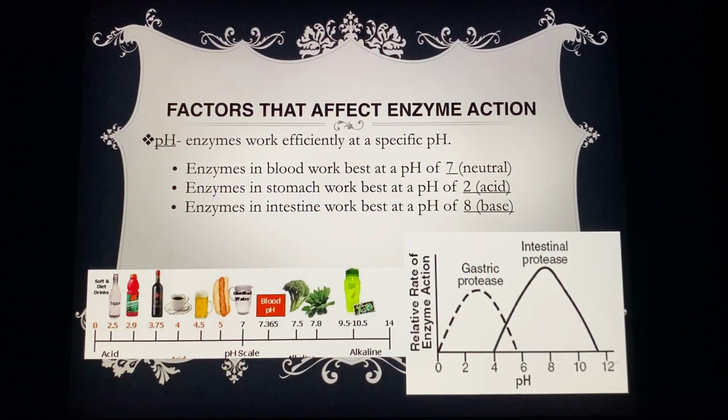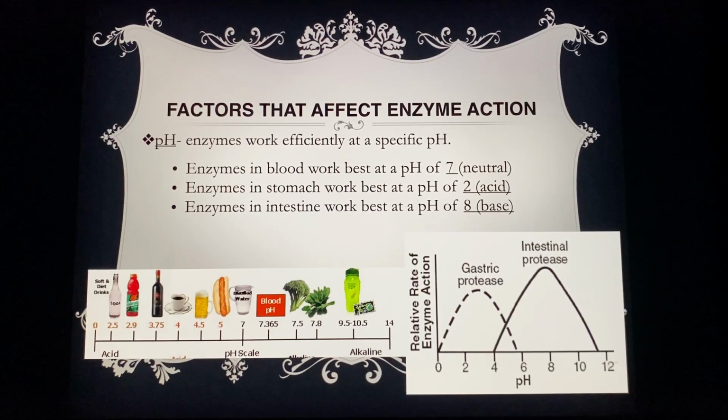So what are some of the factors that affect enzyme action? Some more: remember, we talked about pH. Enzymes work efficiently at specific pHs. Enzymes in blood work best at a pH of 7, which is neutral. It's not too acidic, so there's not much breaking down going on.